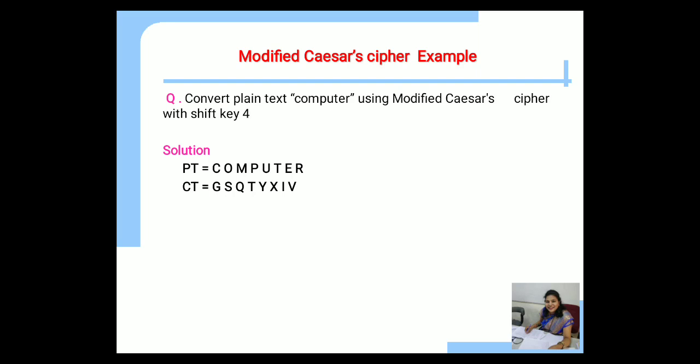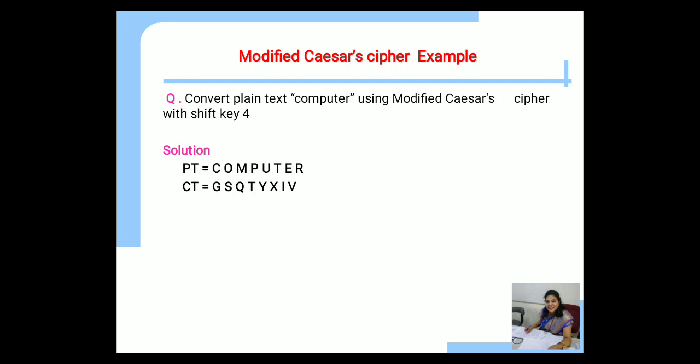In Caesar cipher we always take a fixed shift value, that is 3, meaning A is always replaced by D. But in modified Caesar cipher you can take any shift value from 1 to 25. For example, if you take 1 as the shift value, then A will be replaced by B, B by C. If you take 2 as the shift value, then A will be replaced by C, B by D, and so on.